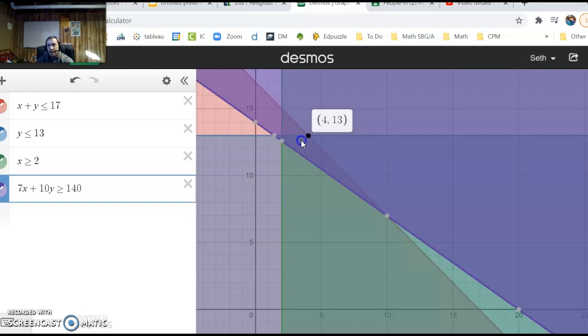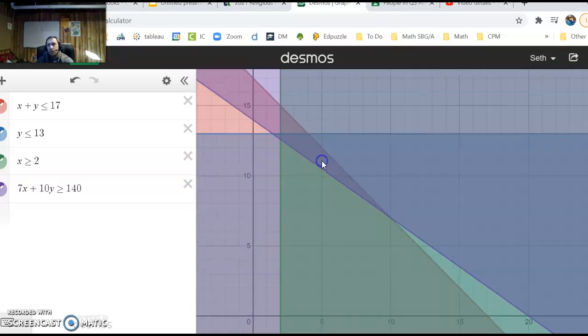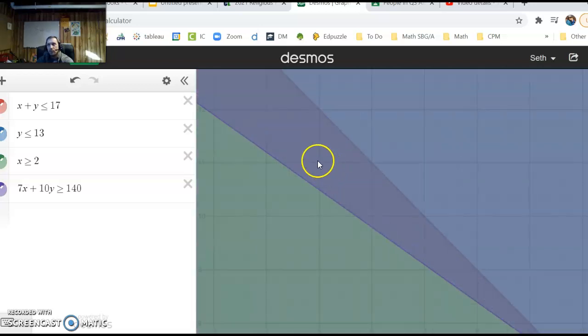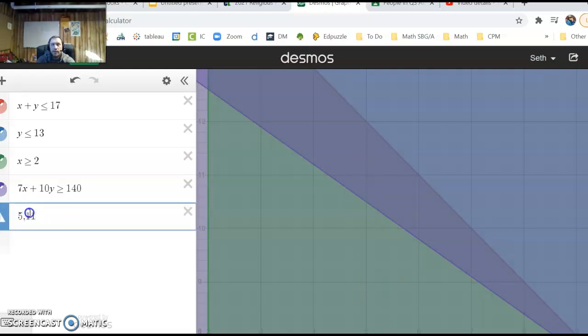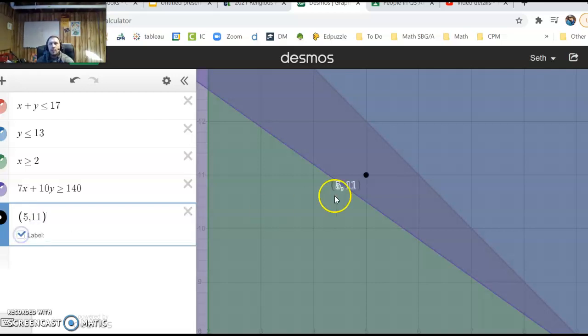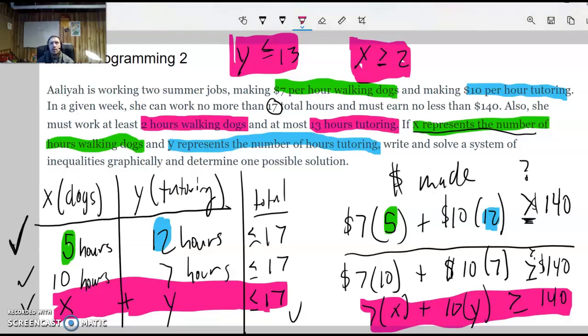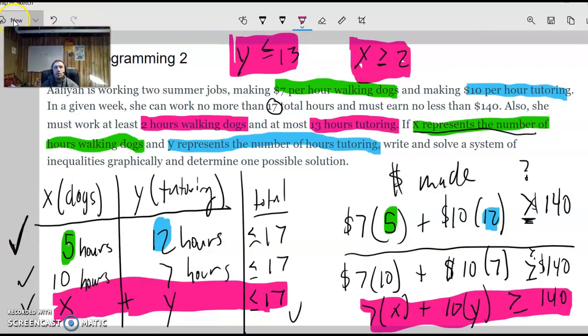Also, remember, any number that falls inside of here works. So if I just wanted to put a point right here, zoom in, what's this point? It looks like (5, 11). Let's just put the point in, 5, 11, and see what happens there. Does this point work? Let's take a look at our equations.